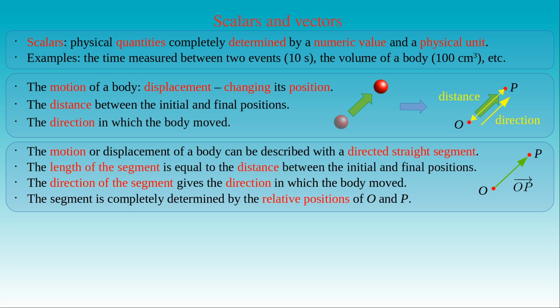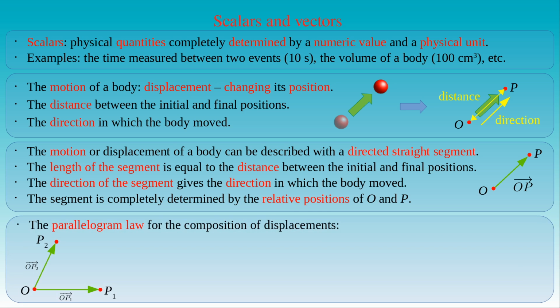In the case of two or more displacements of a body, we can construct its net displacement. The composition of the displacements is based on the parallelogram law. If there are two different displacements with the starting point O and the end points P1 and P2, we can proceed as follows. First, we construct the displacement starting at the point P2, which is parallel with the displacement OP1.